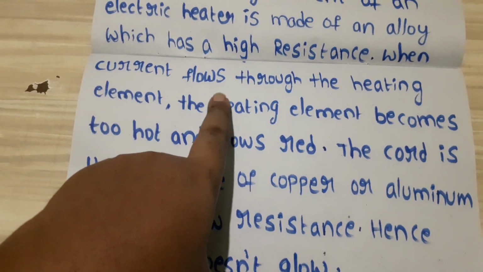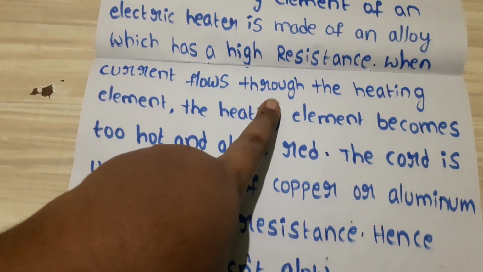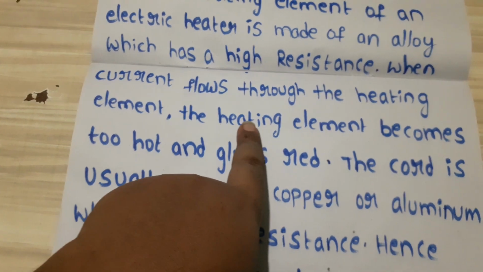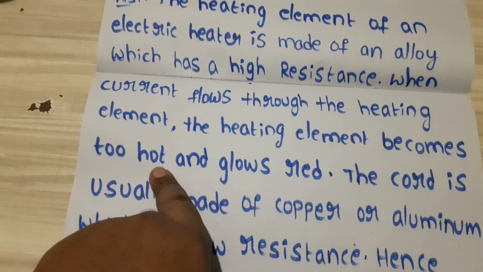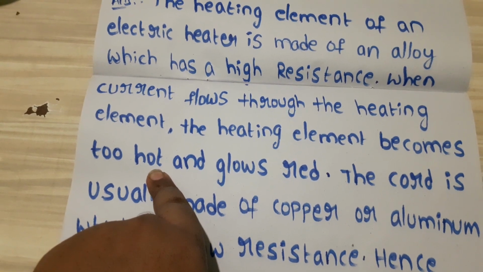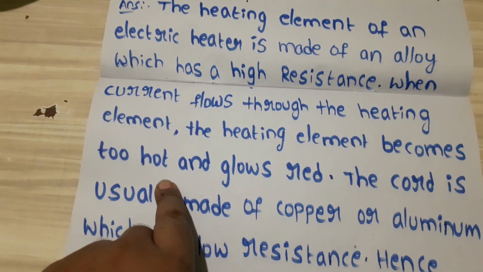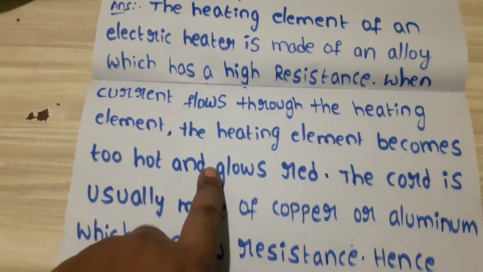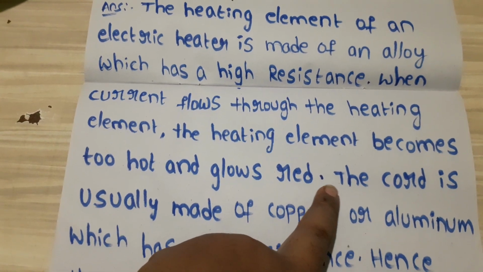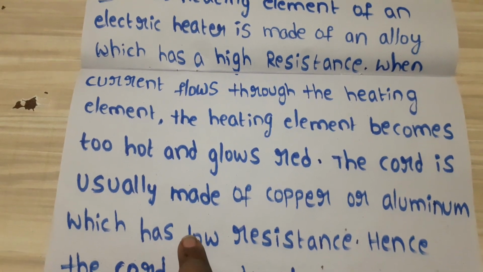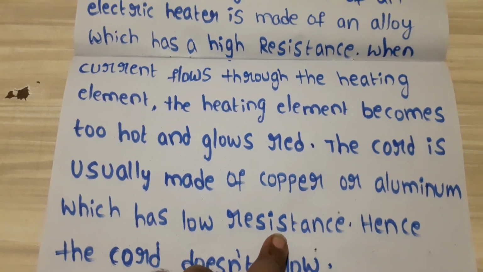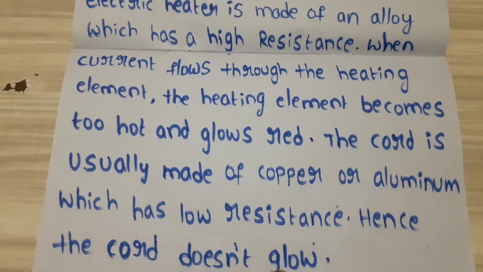When current flows through the heating element, it becomes too hot, so it becomes red hot and glows red. The cord is usually made up of copper or aluminum, which has low resistance, so the cord does not glow.